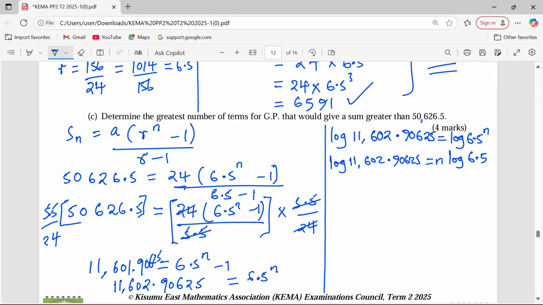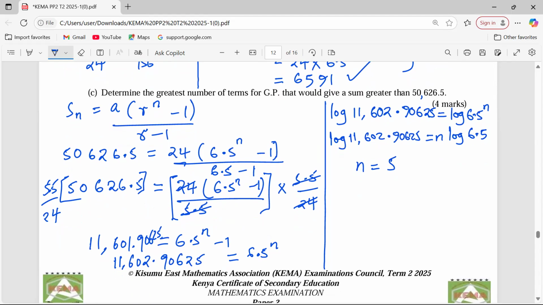At this point now we can remain with n by dividing through. So the log of 11,602.90625 divided by the log of 6.5. You see, this is giving me exactly 5. Therefore, the number of terms that would give a sum equivalent to this is 5 terms.